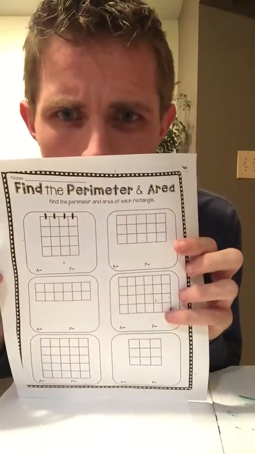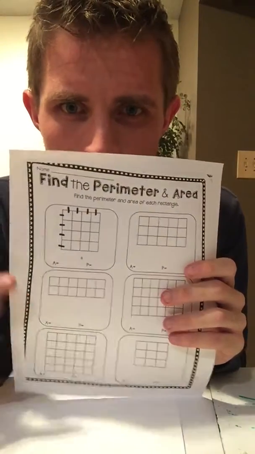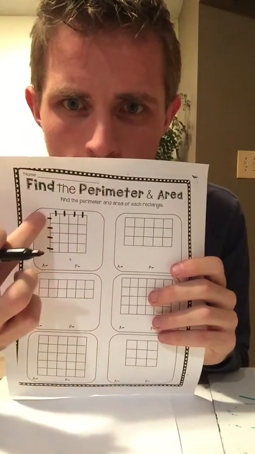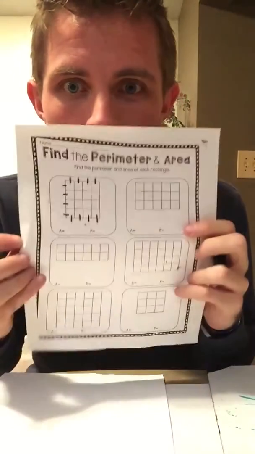I'm going to go 1, 2, 3, 4 across the top, like that. 5, 6, 7, 8 across the side like that. 9, 10, 11, 12. 13, 14, 15, 16.